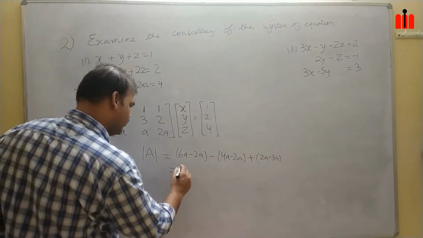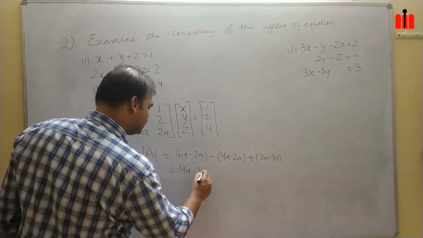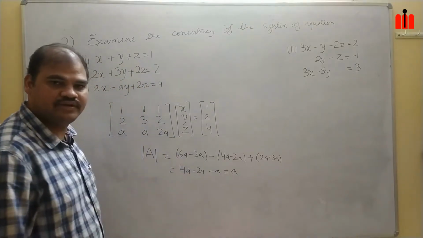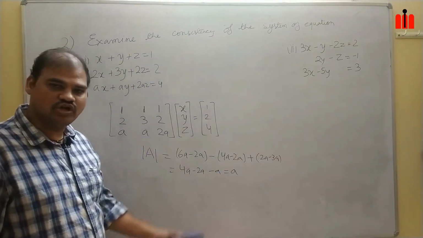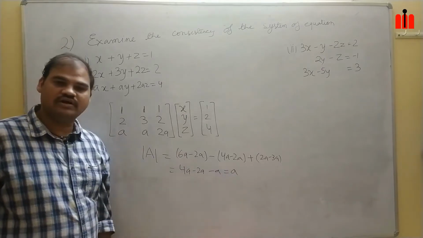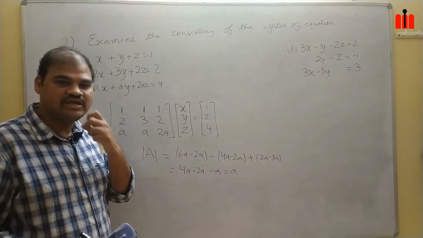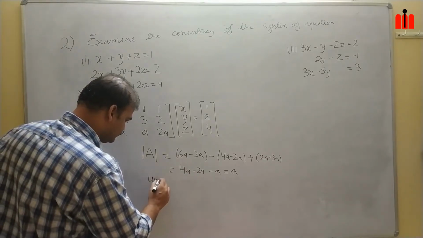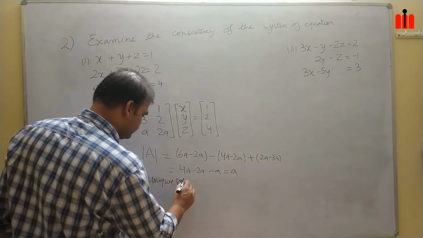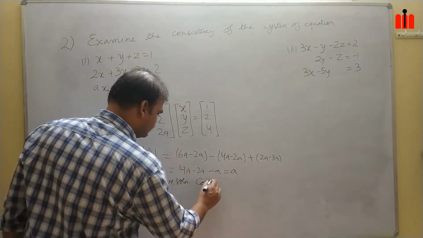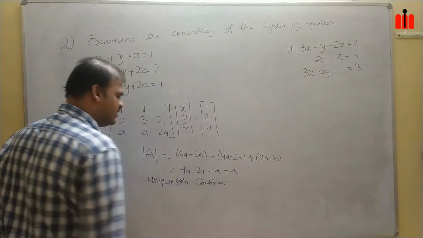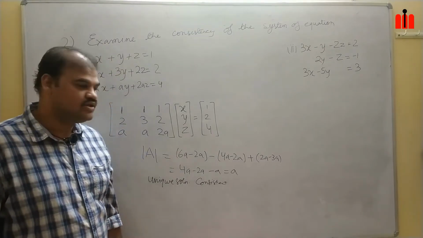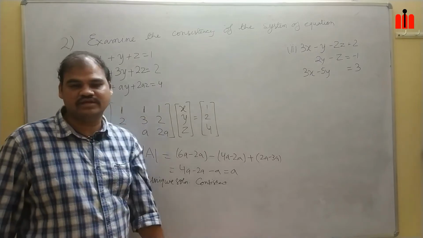So it will be 4a minus 2a minus a. The answer is a. So the determinant is a, which is non-zero, right? Because we got the term a. So the determinant is non-zero. That means it is a unique solution, or consistent. Anything you can say: it is a unique solution or it is consistent. Right? So this is the first part of the second question.